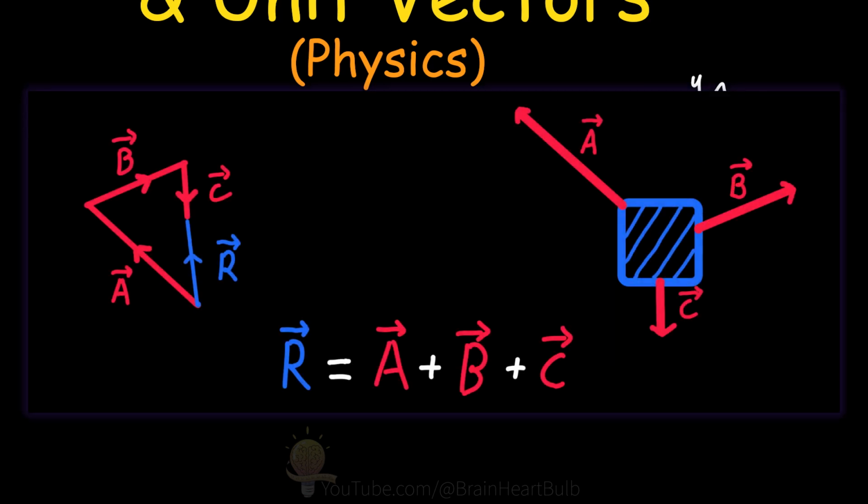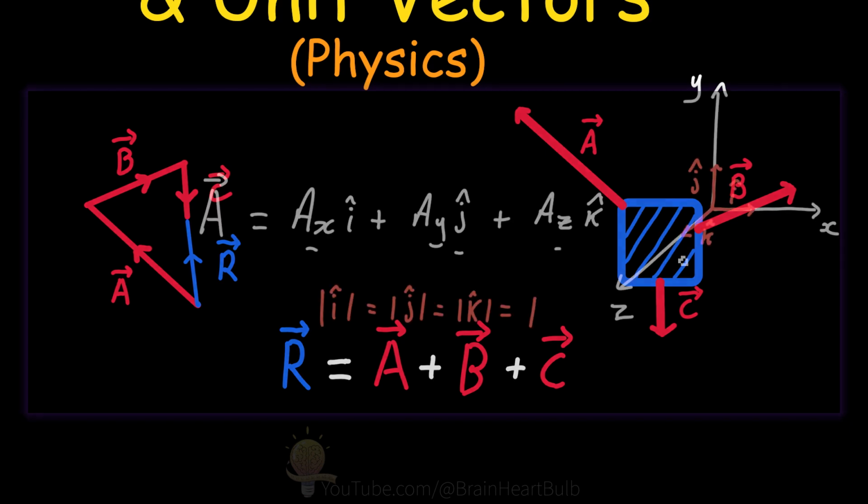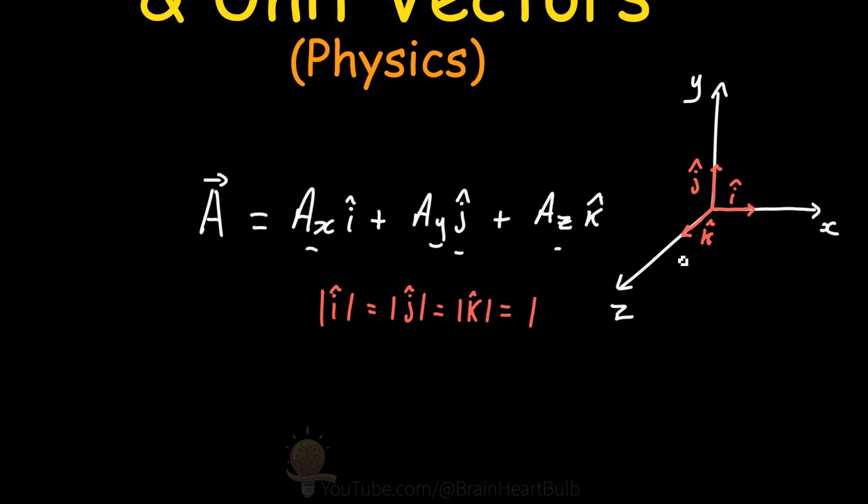So as you saw at the beginning of this lesson, we used graphical methods for adding vectors together, and you could measure a rough estimate of the resultant vector with a protractor and a ruler. But we can also add multiple unit vectors together to get far more accurate results.